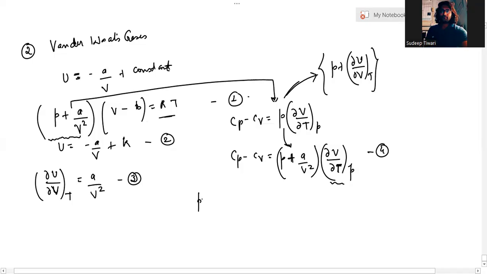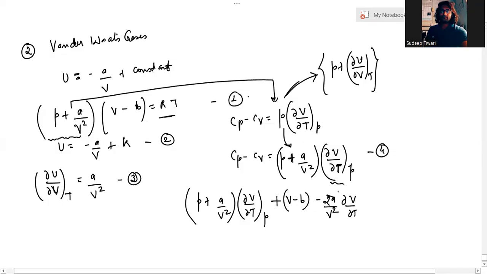I will simply get P plus A by V square, del V upon del T at a constant pressure, plus V minus B, times minus 2A by V square, del V by del T, this is multiplied, at a constant pressure is equal to R. So this is my equation number 5.